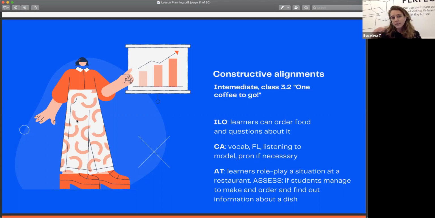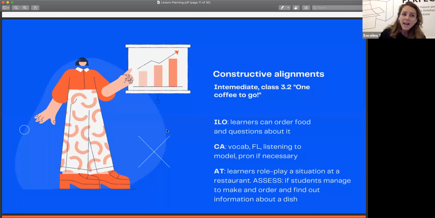So the more specific your assessment criteria are, the easier it is for you to assess if your students can do that or they can't. So that is a simple example of how you can constructively align the stages of your class and make sure that everything is logically connected.